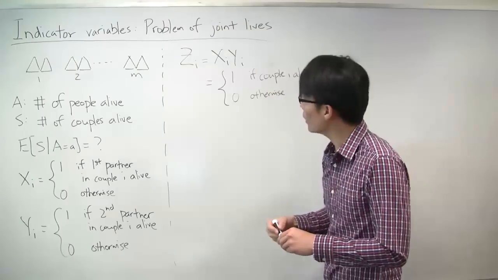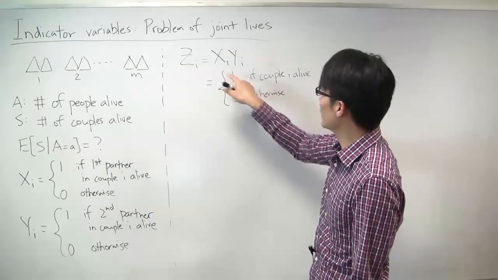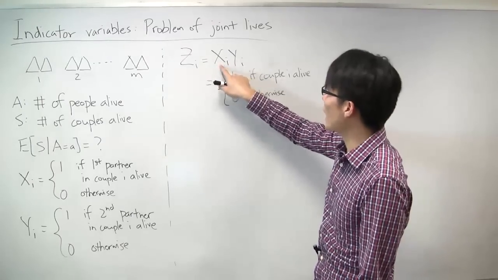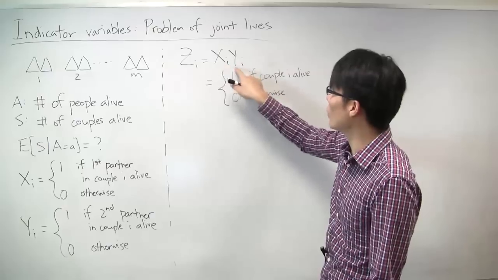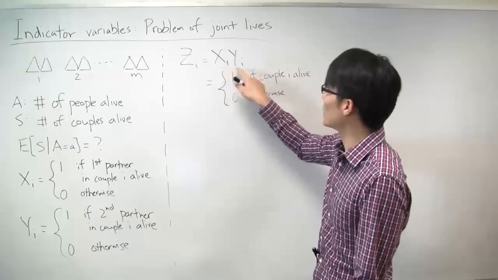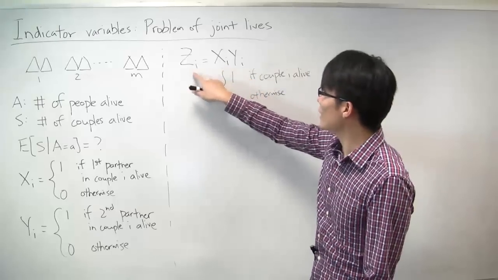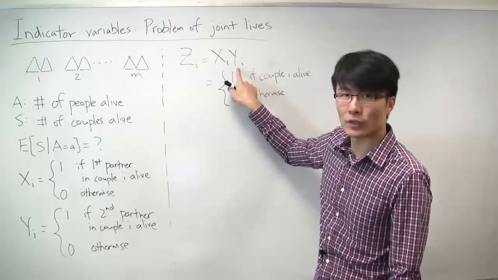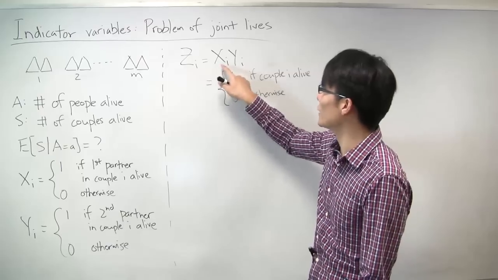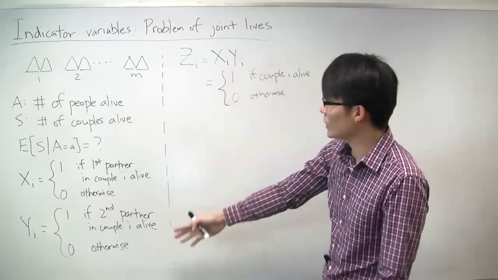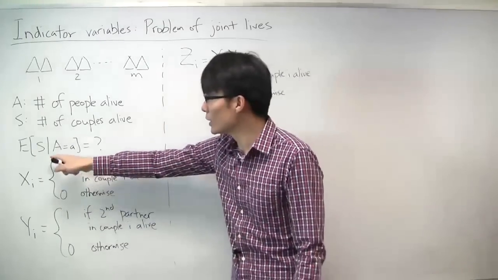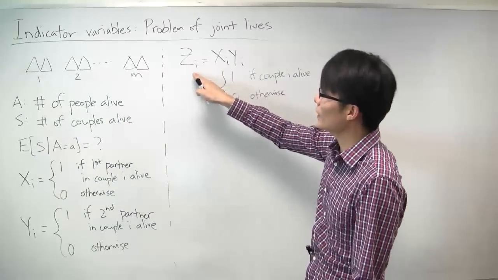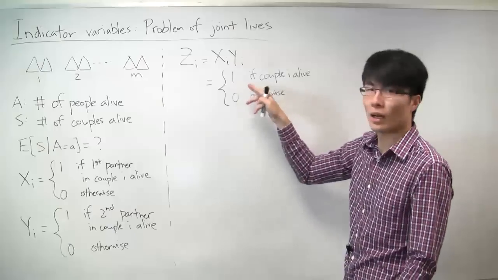This is the case because Z_i is 1 if and only if X_i is 1 and Y_i is 1. If at least one of these two indicator variables is 0, then their product is 0. So Z_i is 1 if and only if the first partner in couple i is alive and the second partner in couple i is alive, which is exactly the event that the couple is still alive. And so we've broken things up into individual couples, and defined a random variable that dictates whether or not that couple is still alive.